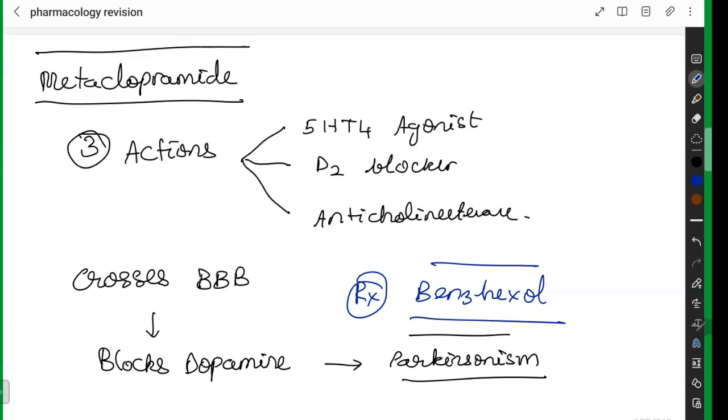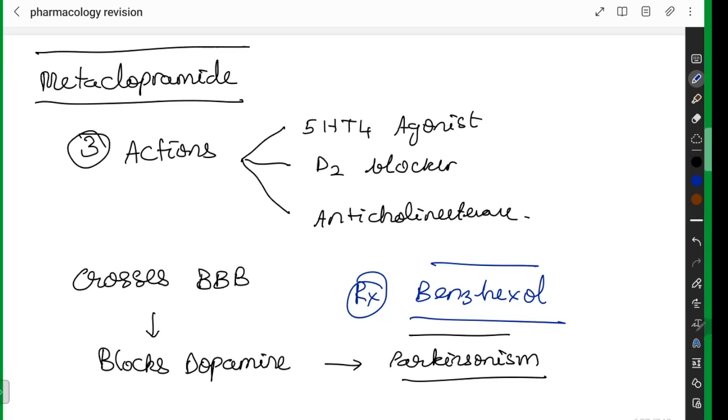So remember, it is going to cross your blood-brain barrier and block your dopamine. Where is it going to block your dopamine? Yesterday I told you, it crosses the blood-brain barrier and blocks the D2 receptors at the substantia nigra. Already there is an increase in acetylcholine.